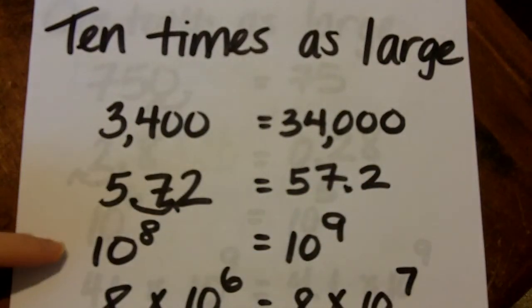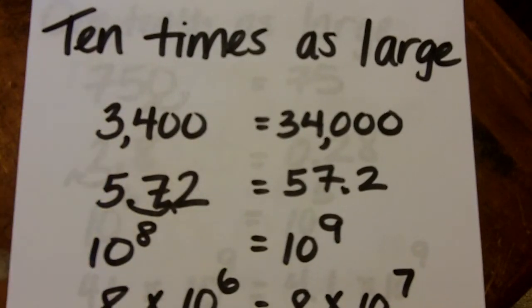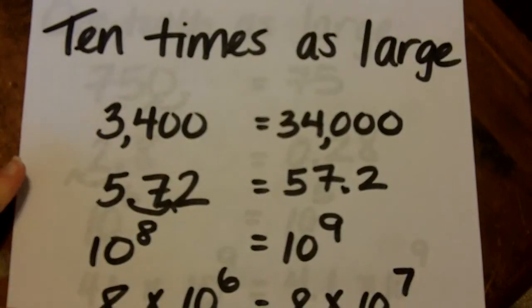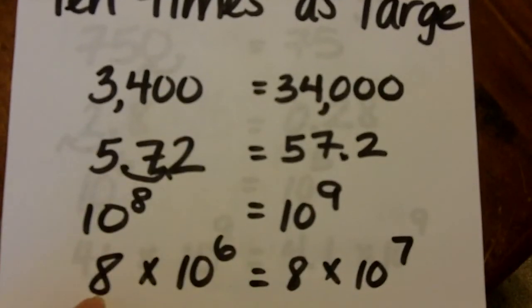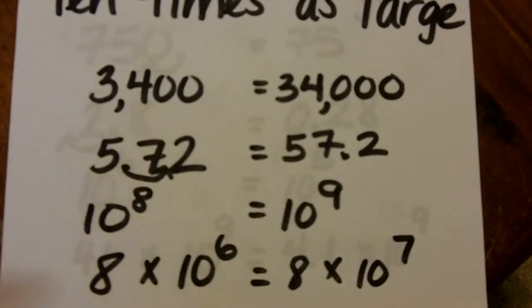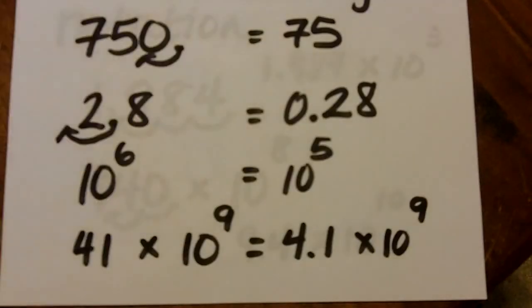If it's in base of 10, you could say 10 to the 8th is simply 10 to the 9th. Keep that nice and easy. And then, of course, if you had, our last example here, 8 times 10 to the 6th, then you could simply change the exponent when you're doing scientific notation.